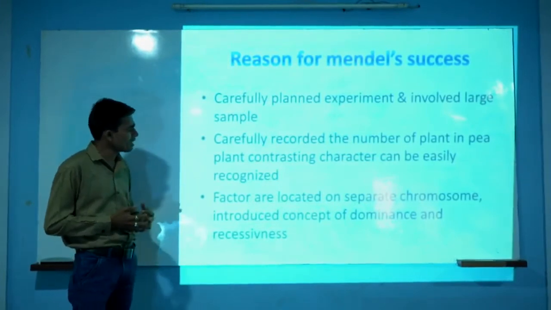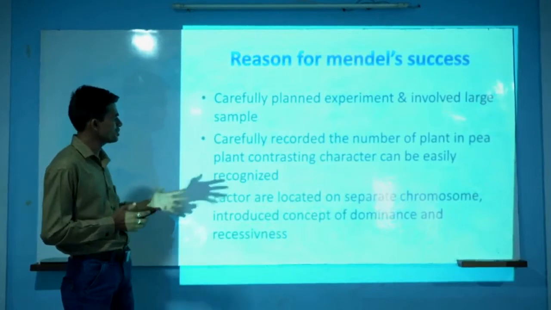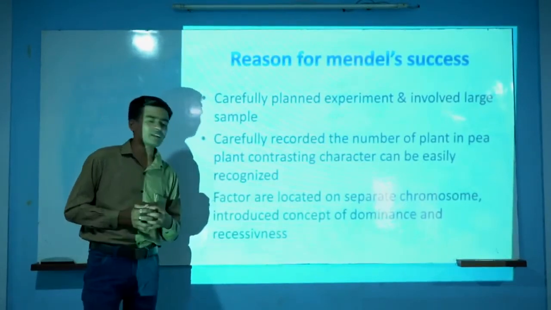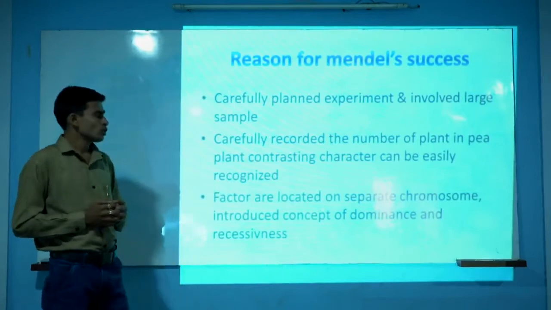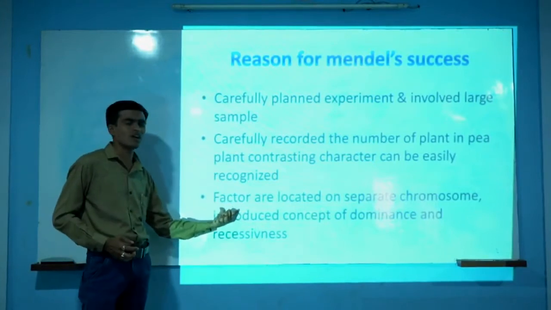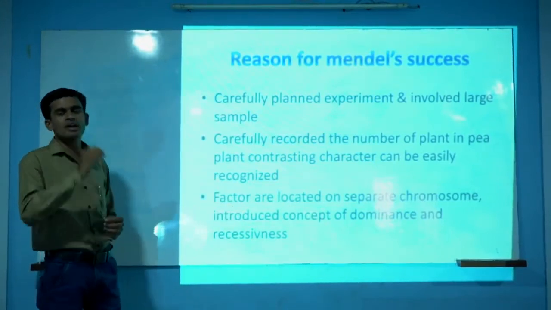Then, factors are located on separate chromosomes, and he introduced the concept of dominance and recessiveness. Factors are located on the chromosomes; that factor is called a gene. So genes are located on the chromosomes.